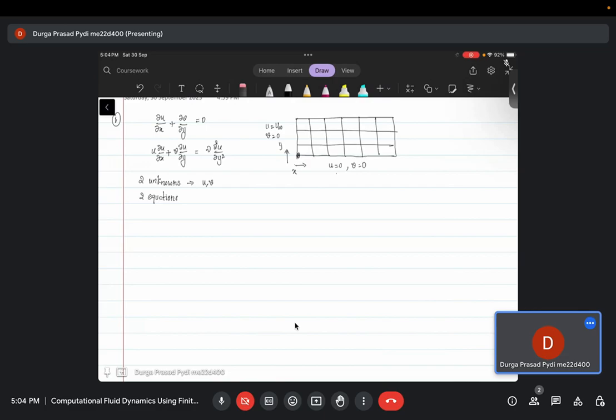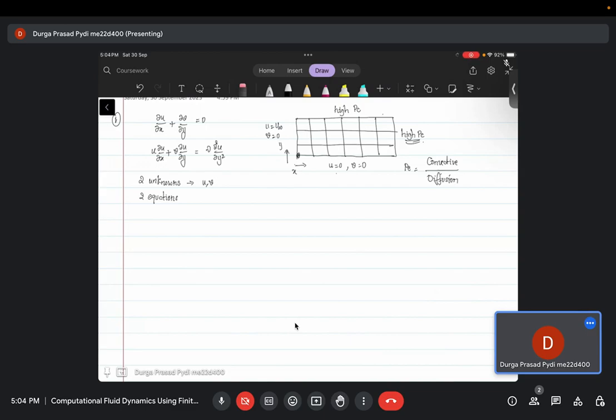And on the top face, we are assuming that it is a high Peclet number outflow condition, which we will see later. What I meant by the high Peclet outflow condition is that the Peclet number is the ratio of convection to diffusion.